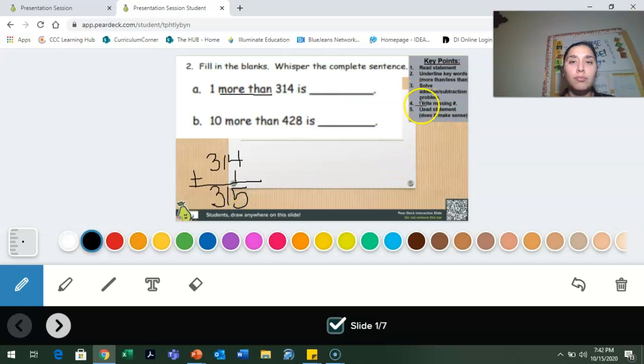So I have to write the missing number. And that was key point number 4. Key point number 5 says read the statement. Does it make sense? Let's see. 1 more than 314 is 315. Does that make sense? Absolutely.